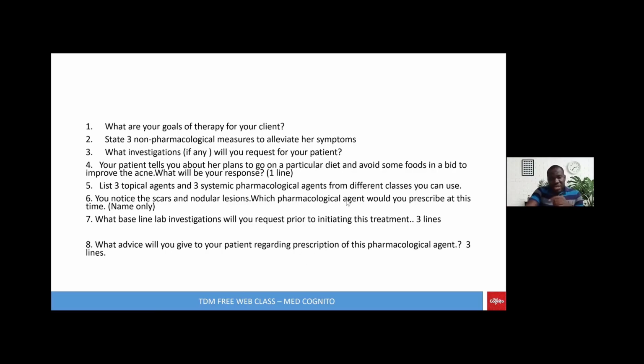Okay, so now let's move on to question number 8. What advice will you give to your patient regarding prescription of this pharmacological agent? Again, 3 lines. So 3 lines should give an idea that you are expected to provide 3 answers. If it's 1 line, you know that you are expected to provide 1 answer.